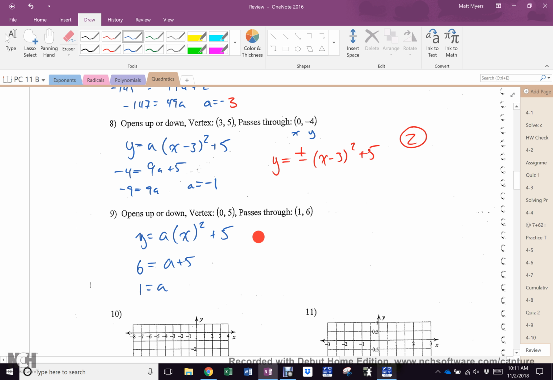So technically, the answer is y equals x squared plus 5, right? But to get the full proper 2 marks if this were a test, what would I need there? Plus and minus. y would equal plus or minus x squared plus 5. Yeah?